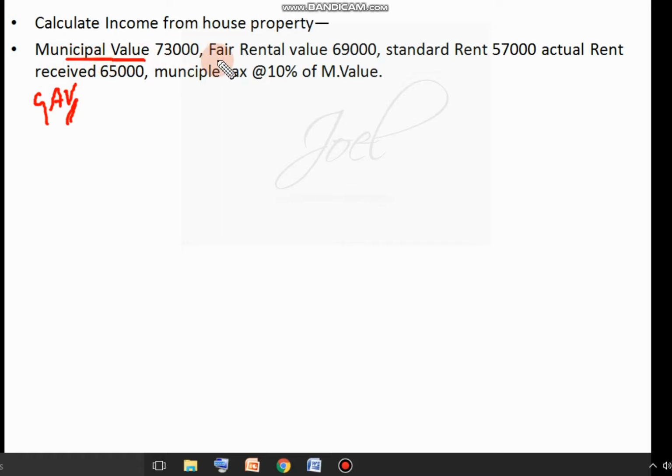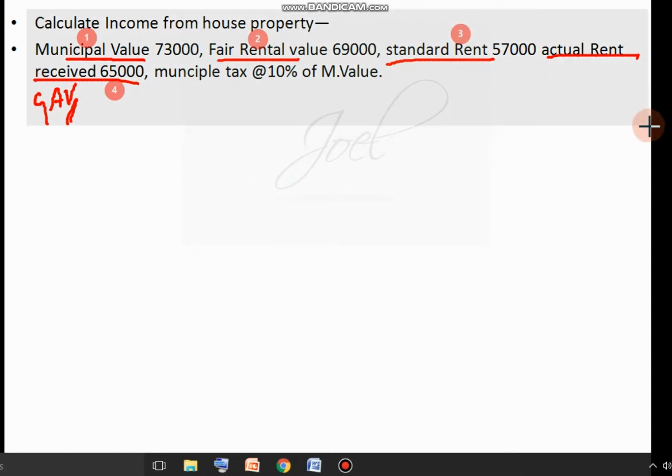One is municipal value, one more is fair rental value, standard rent, actual rent received. So, these are the four items necessary to calculate gross annual value.